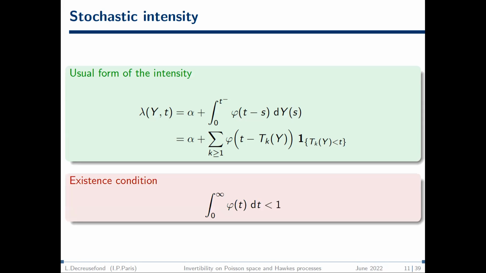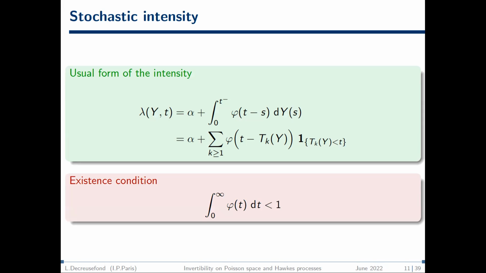So here the existence condition is that the integral of phi is strictly less than 1. Otherwise, you will have an explosion of the number of objects. Just a question: the function phi is positive? Yeah, sure, of course. Because you have an alpha, it might be negative also. Yeah.